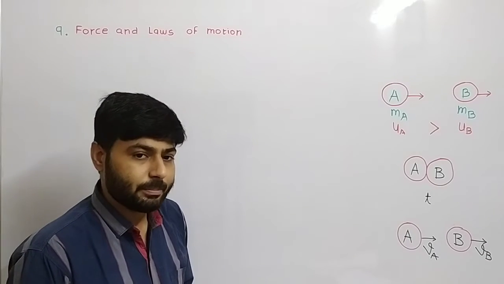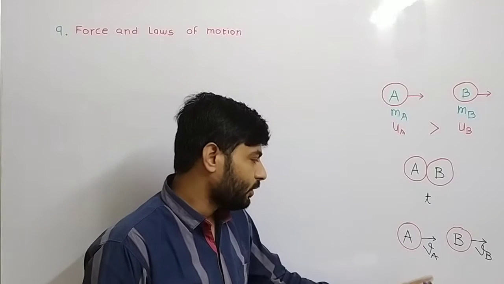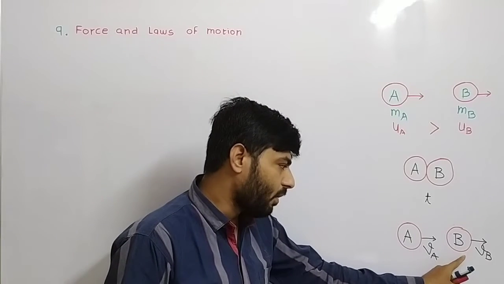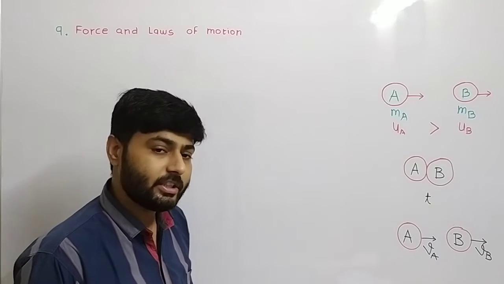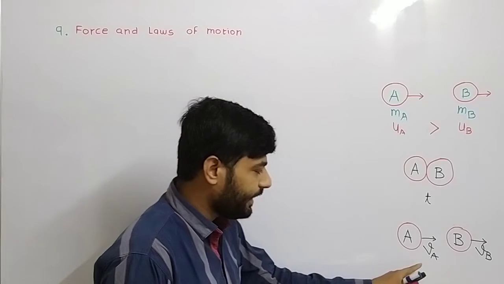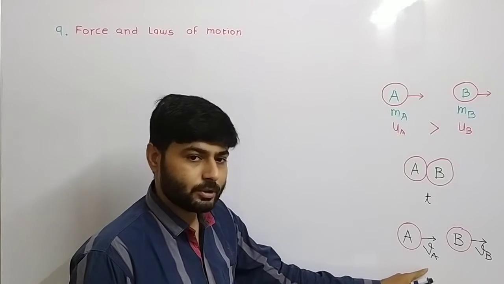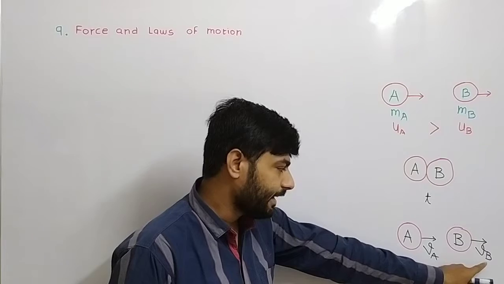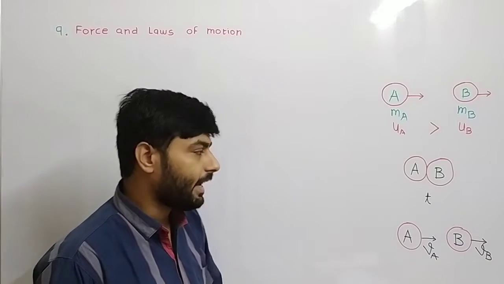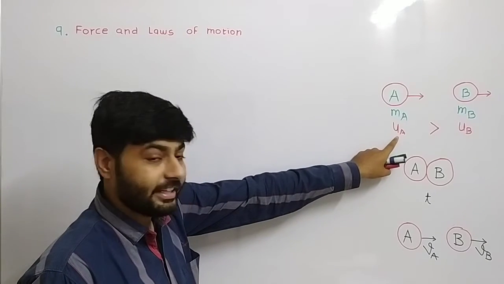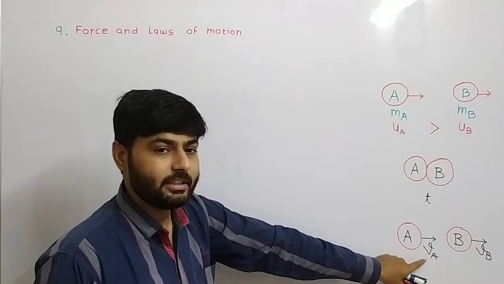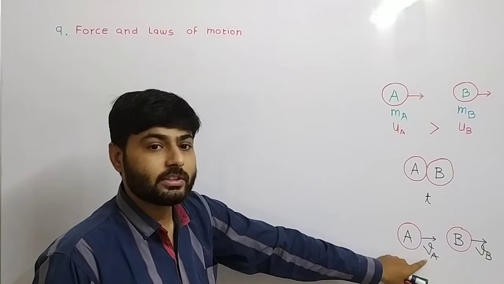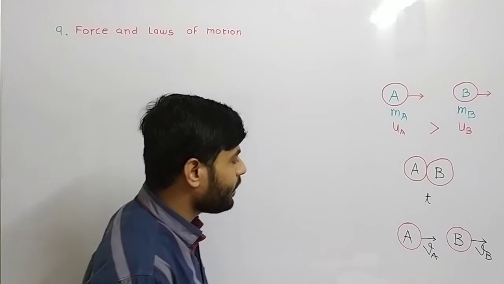No, their speed will be changed. So here speed of ball A and B will change, and we denote this new speed with VA and VB, and this is our initial speed and this is final speed or say velocity.